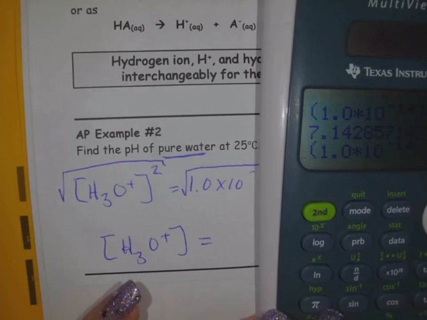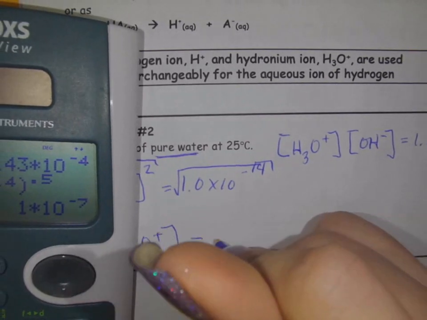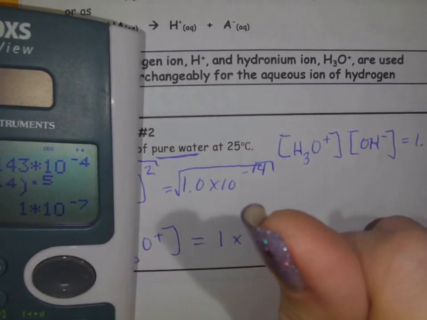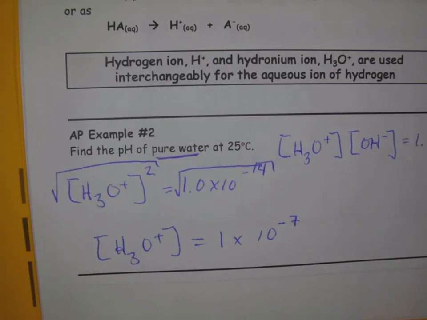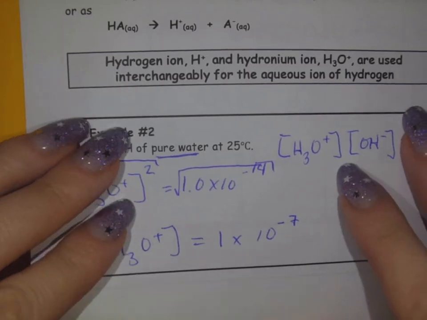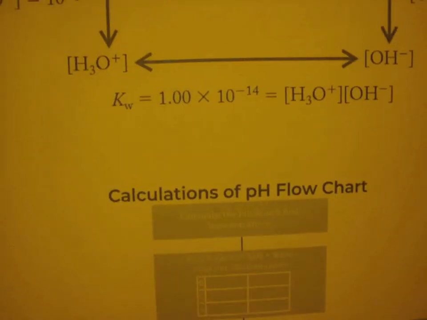And we're going to take the square root of that. This equals 1 times 10 to the negative 7. Now, it didn't ask what was the concentration of the hydronium. It asked what the pH was. And we know, I have this printed on the back of your packet as well.